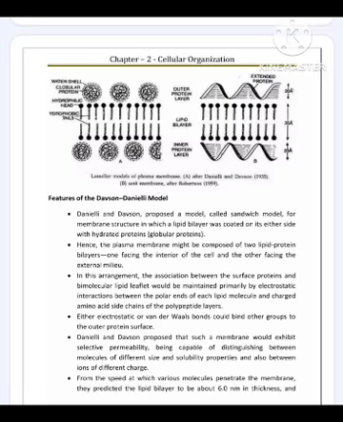They discussed the permeability between molecules of different size and solubility properties, and also between ions of different charges. From the speed at which various molecules penetrate the membrane, they predicted the lipid bilayer to be about 6.0 nanometers in thickness.